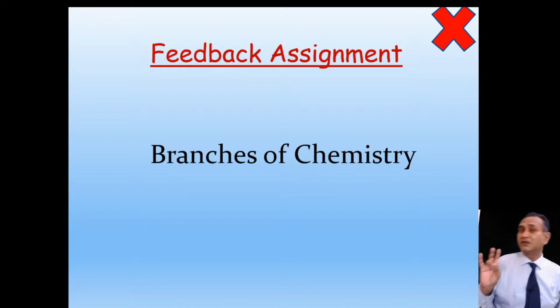Biochemistry, study of life. Environmental chemistry, study of various chemicals on different kinds of living organisms. Right? Nuclear chemistry, study of changes occurring in the nucleus of an atom. Polymeric chemistry, monomers combine to form a big molecule called a polymer. Clear?